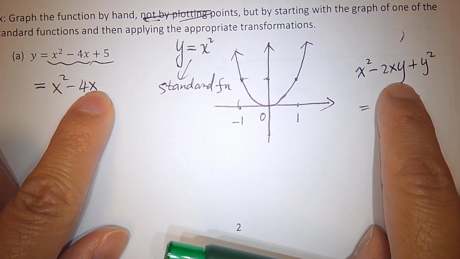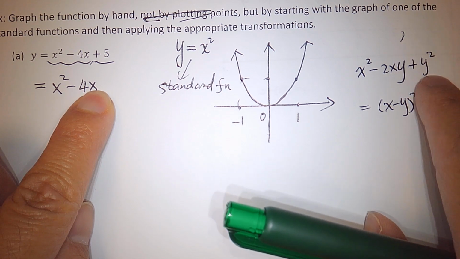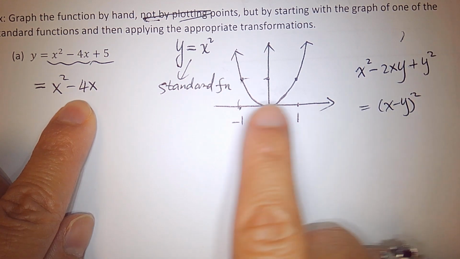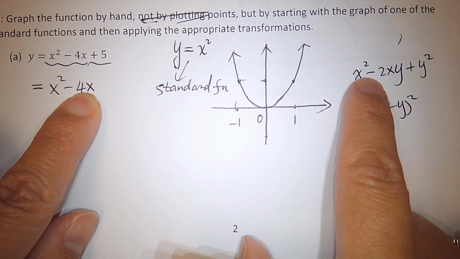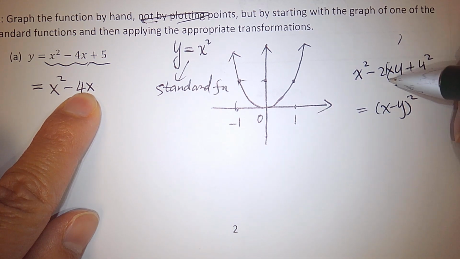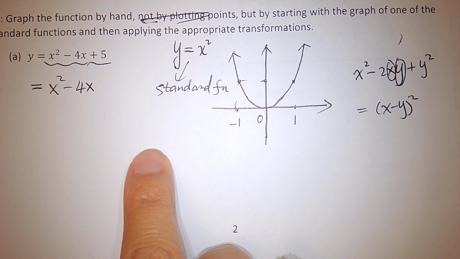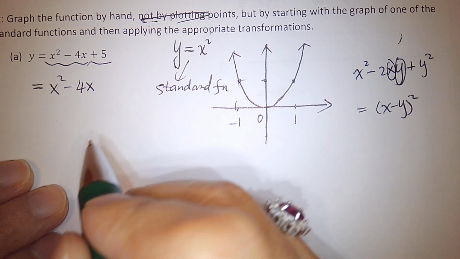Can you think about it and figure out the y, and then the y squared? X squared minus 4 times x. What we can do is negative 4x matches a negative 2xy.